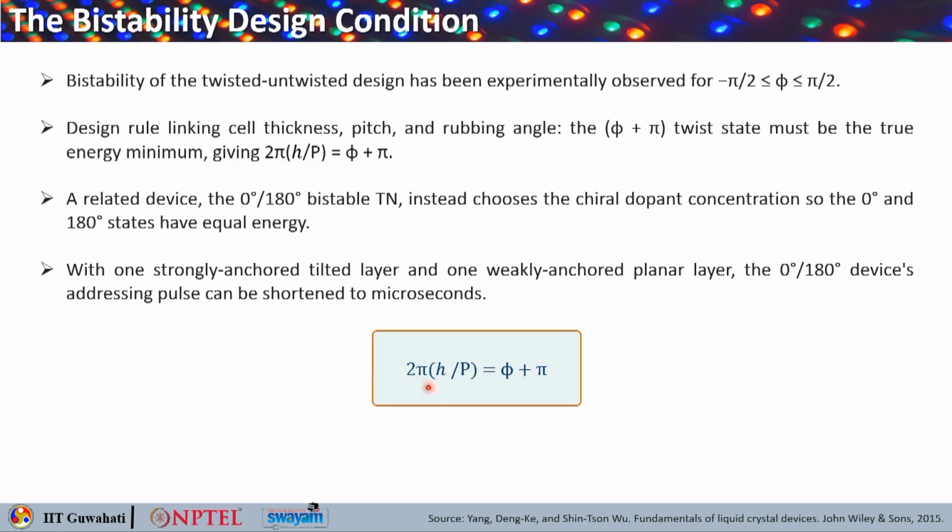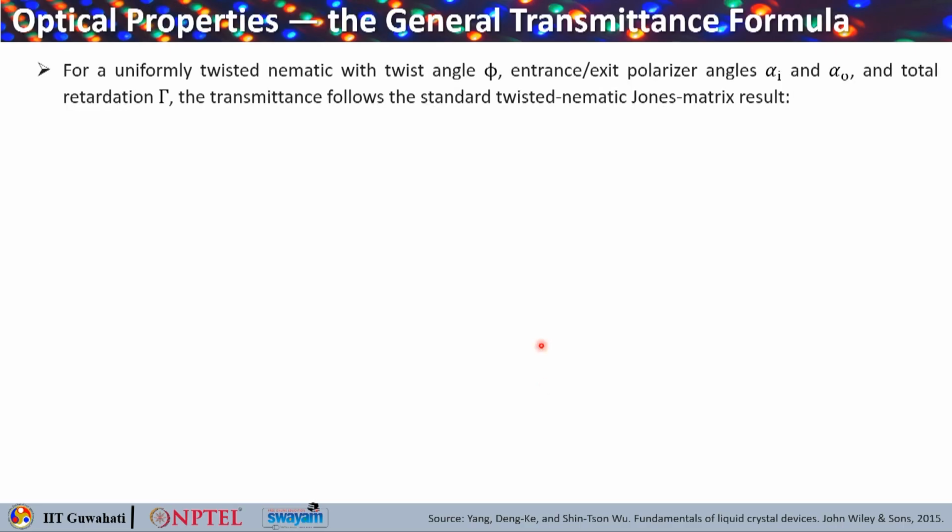So 2 pi into h by p, where h is the cell height, p is the pitch of the liquid crystal, and this is the twist angle phi plus pi. So now let us look into the optical properties and see the general transmittance formula.